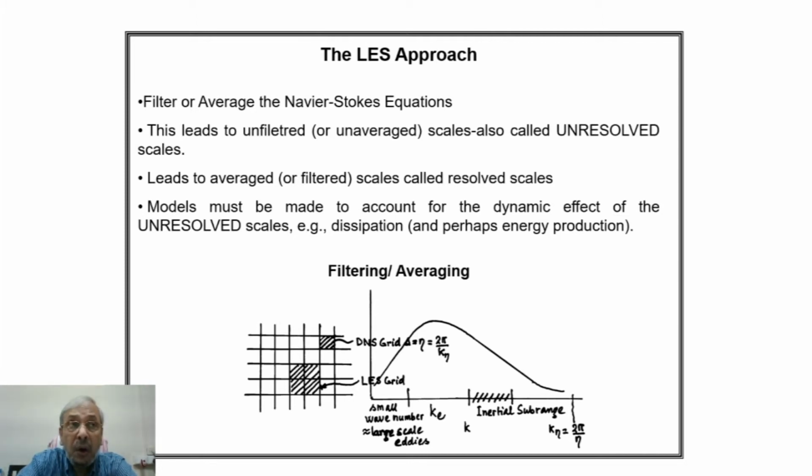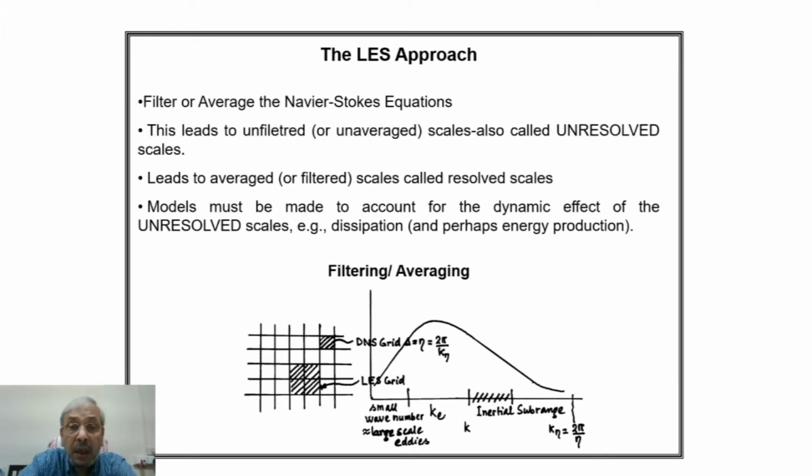So, in practice, we will see that in a given geometry, we will need 10 power 14, 10 power 15 grids, or even a higher number of grids. Obviously, we do not have that computing power available all the time everywhere.